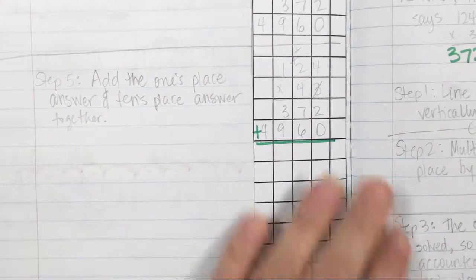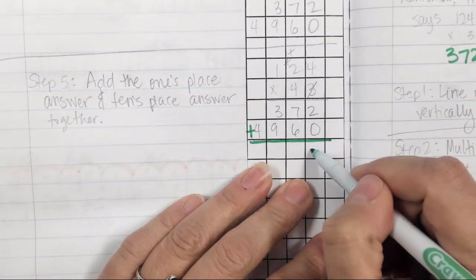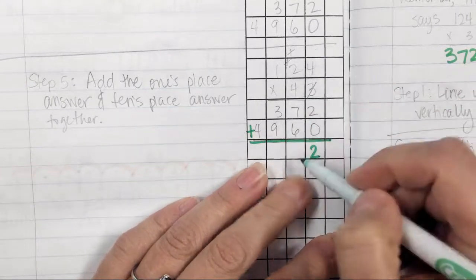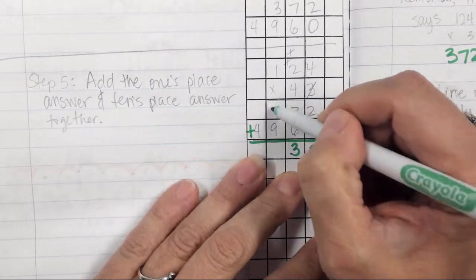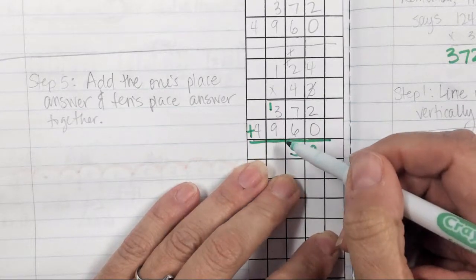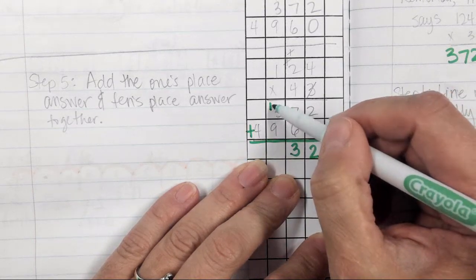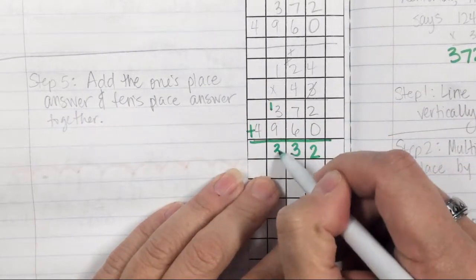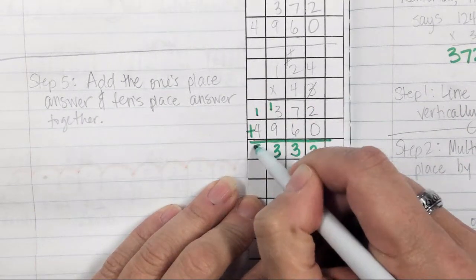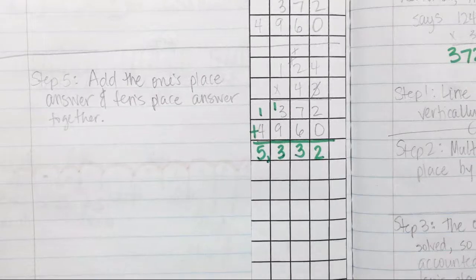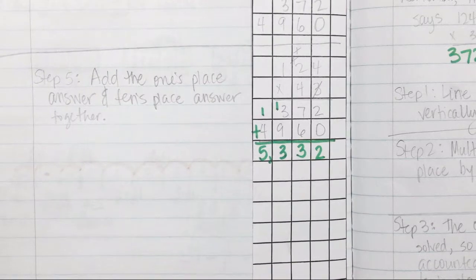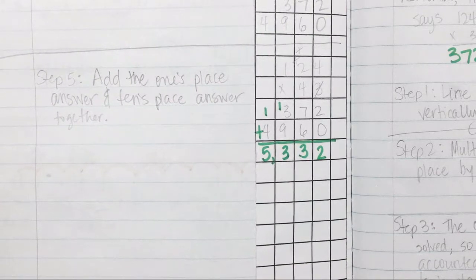My answer should be 2 plus 0 is 2. 7 plus 6 is, good job, 13. Carry my 1. 9 plus 1 is 10. I know that automatically. Plus 3 is 13. Carry my 1 again, and I have 5. So my answer is 5,332.